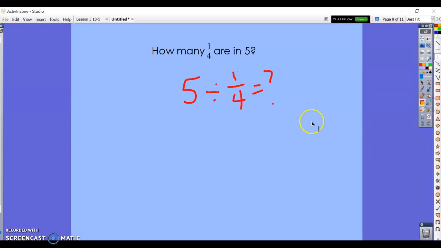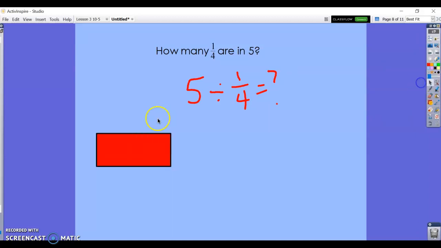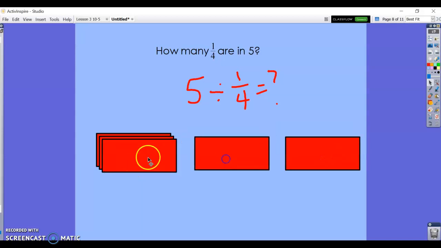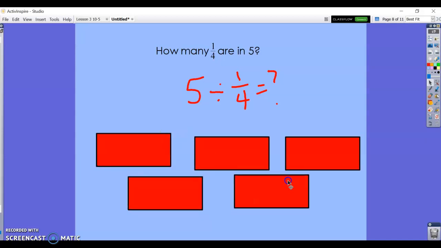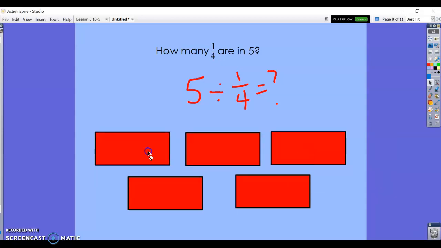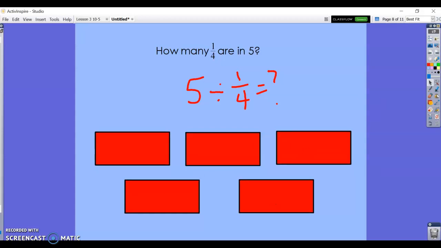So I'm going to draw 5 boxes of the same size to be split or divided. Okay, and again, they need to be the same size whole. So now I have my 5 wholes, my 5 boxes, and I need to split them into 4 equal pieces. The denominator told me 4 equal pieces.